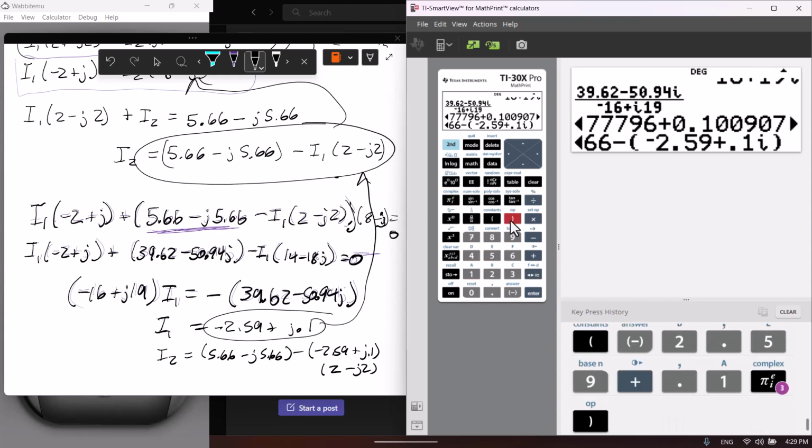Can you do 16 minus 18j up there? Where it says 14 minus 18j, when you do the distribution. No, because you also get the factor of 2 from the minus j2 times the minus j.